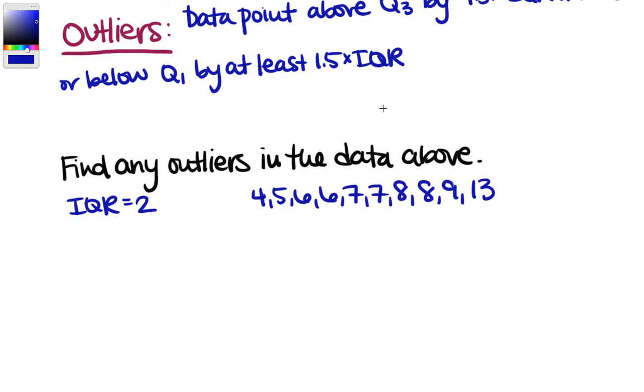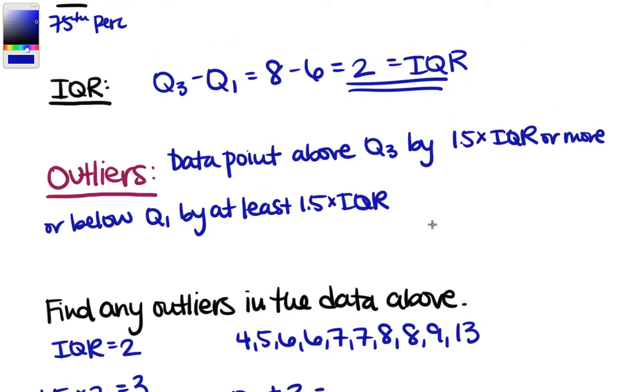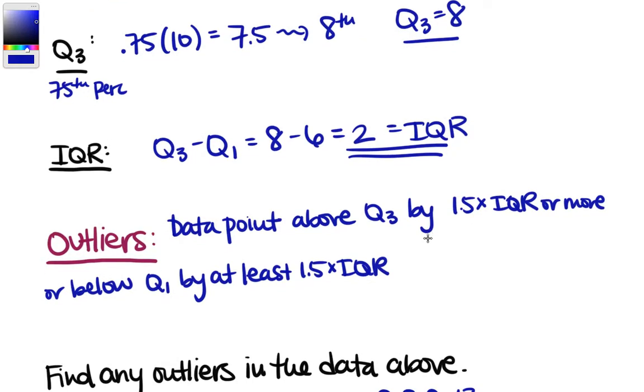Okay, so this magic number here for outliers is 1.5 times IQR. So we do 1.5 times 2, which is 3. So an outlier is going to be anything that is above Q3 plus that 1.5 times the IQR. And let's remember what our Q3 was. It was 8.